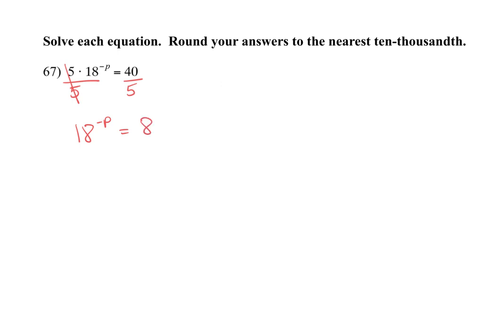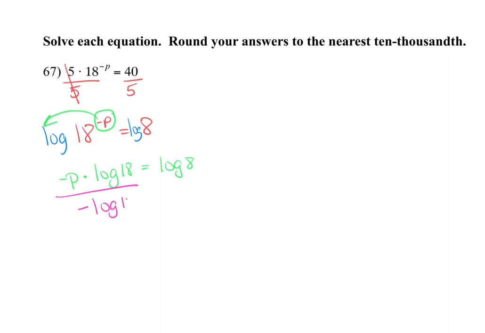And we can do exactly what we did before, log of both sides. So I have the log of that left side, which means I now can get that p out of the exponent using my expansion. So I have negative p times log 18 equals log 8. Log 18 is just a number, so I can divide both sides. I would go ahead and divide by the negative as well, because there's a negative 1, so I can divide by negative log 18.